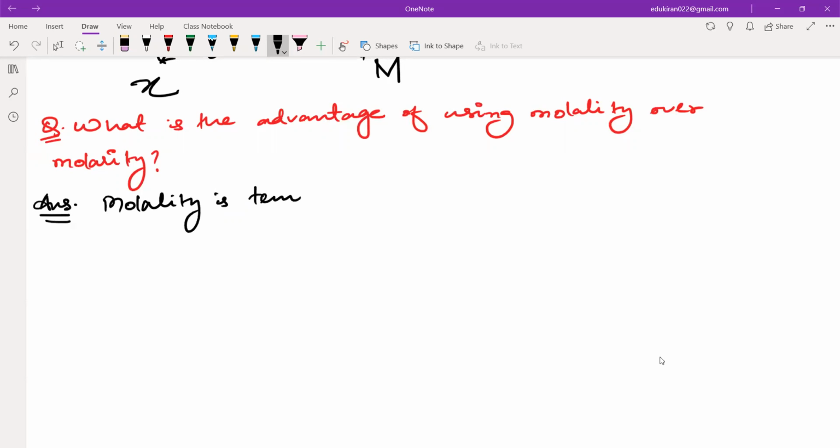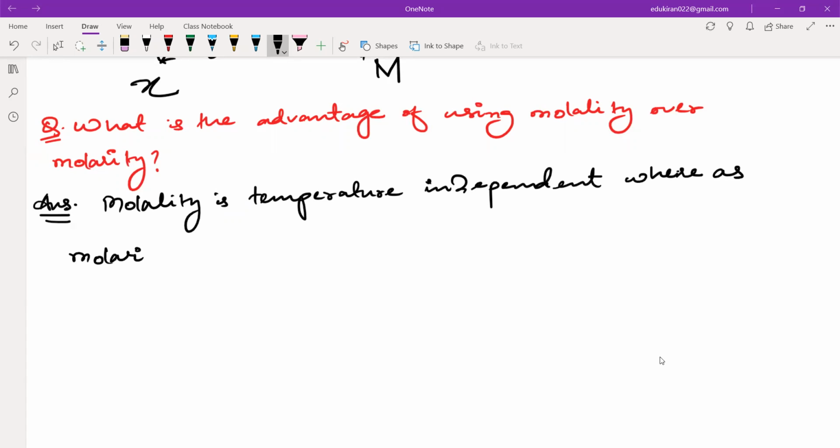is temperature independent, whereas molarity is temperature dependent. Now, why is molarity temperature dependent?